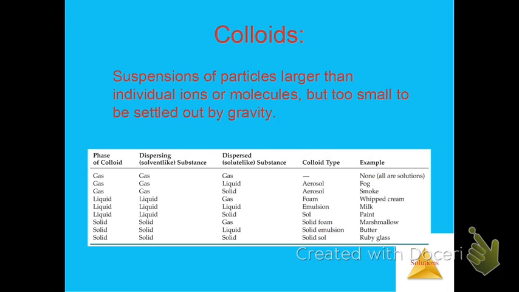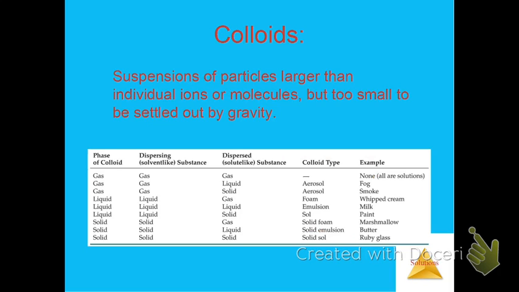So what I have here is this list. It's hard to read, but it talks about some examples of colloids, and I also have a definition. Colloids are suspensions of particles larger than individual ions or molecules. Okay, so they're larger than a sodium ion and a chloride ion.